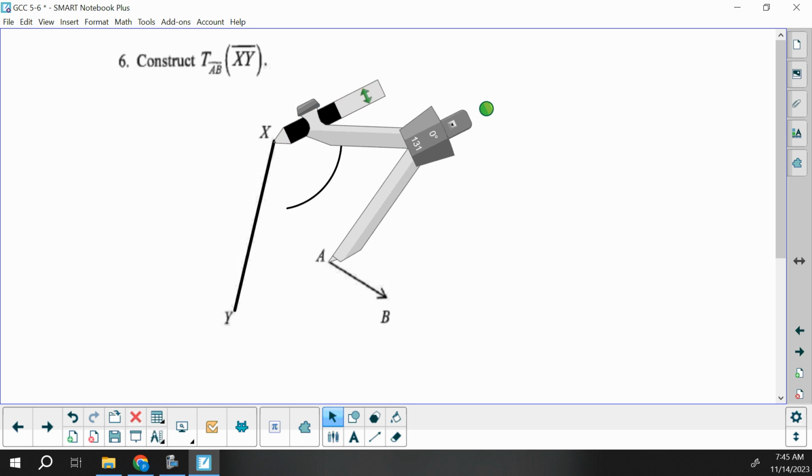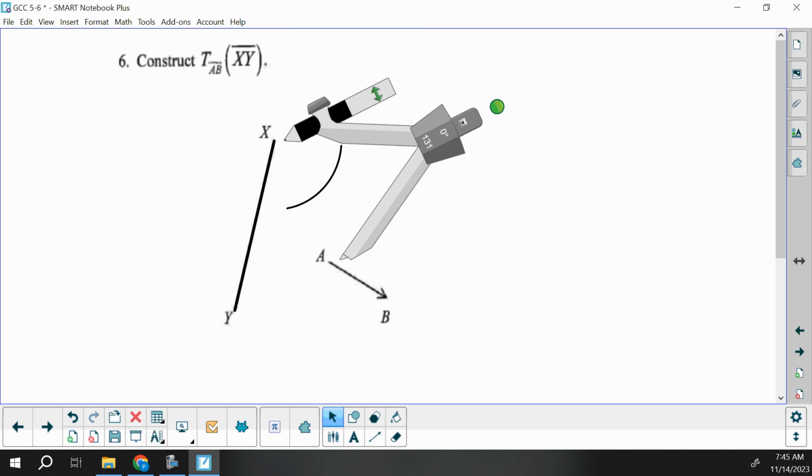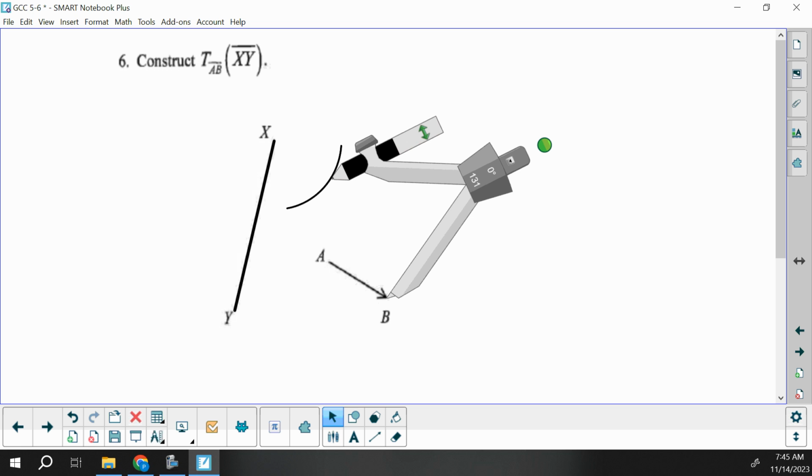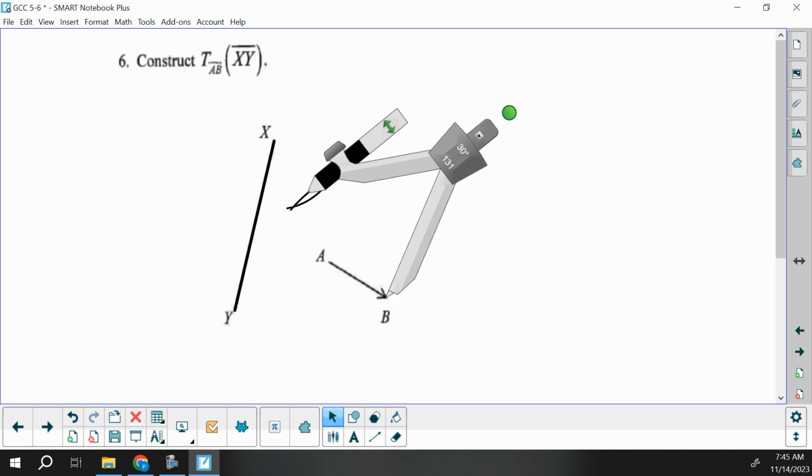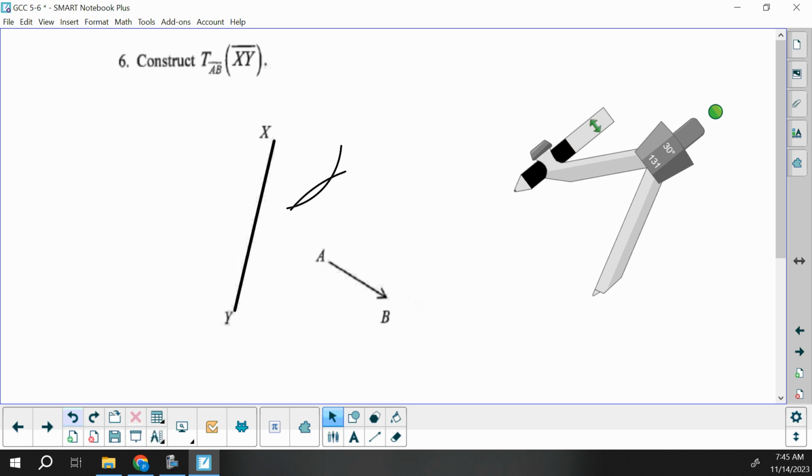Yours should be able to. So now I'll put my point on B, and I'll make an arc. Now notice, sometimes if it's kind of close, it'll cross twice. So you have to think about which one is making it go down at the angle we want.